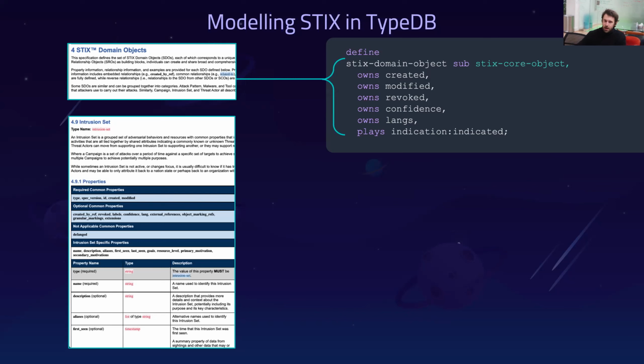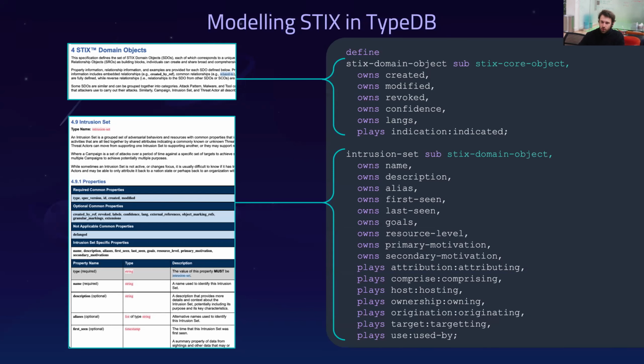But then because there's a lot of subtypes of these SDOs, we extend the SDO object by creating a sub-entity, in this case, an intrusion set, which is a subtype of a STIX domain object, which has their own attributes and relations.